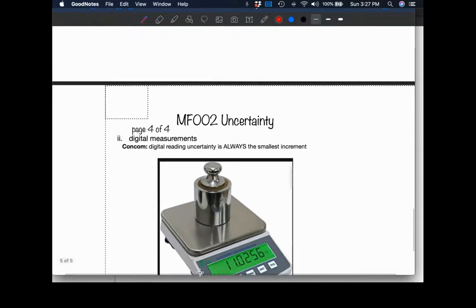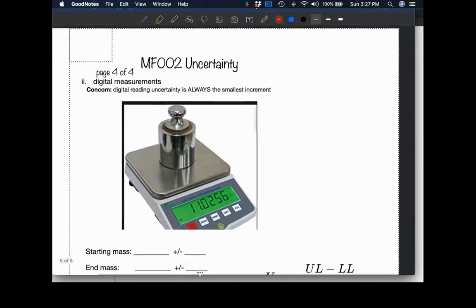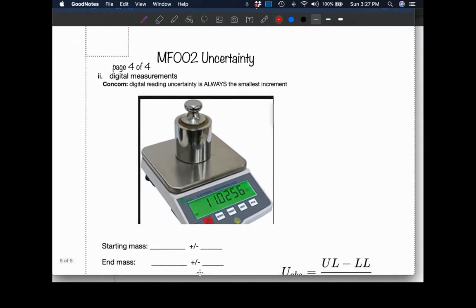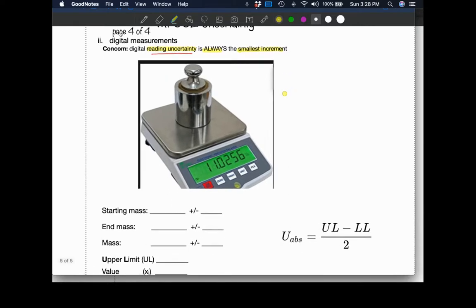So now let's move on to a digital device. What's different about this is that the reading uncertainty is always the smallest increment. So let us imagine now we have this reading over here, and I'll rewrite it, 11.0256 grams. The uncertainty is in this place.